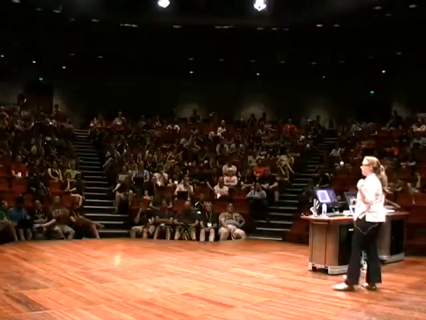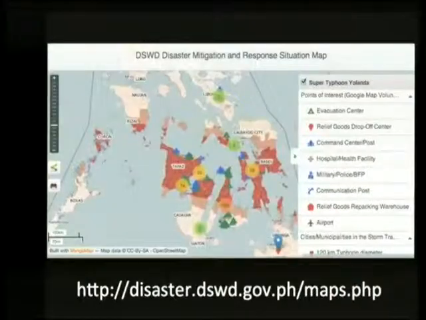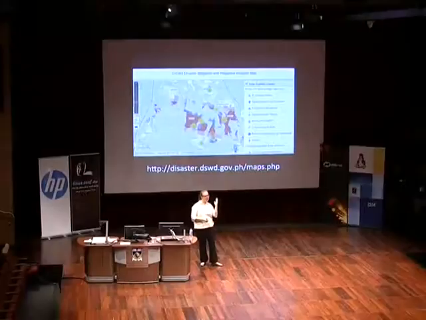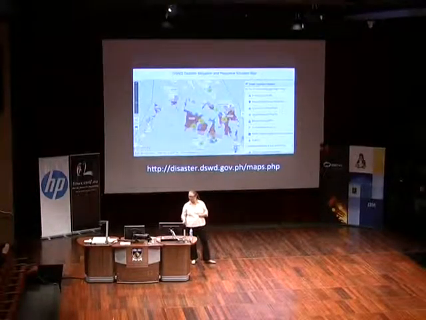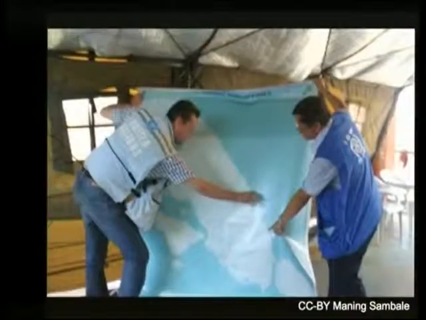This is the Disaster Management Agency of the Philippines. They were using the OpenStreetMap data just as a simple base map. If you want to put a web map together and show relief type information, you still need the base map just so people can reference themselves. And this is the Tacloban airport, the city that I've been showing you.